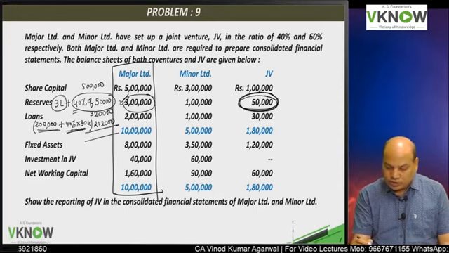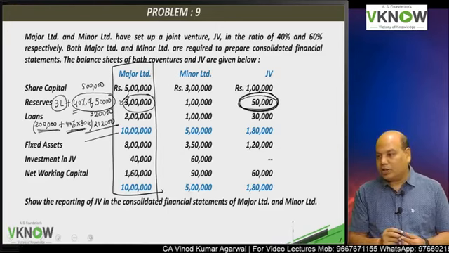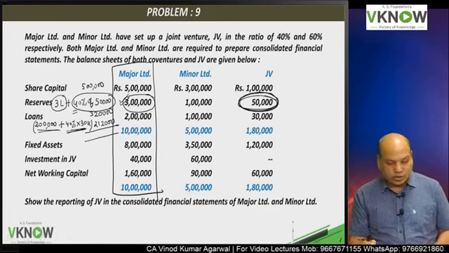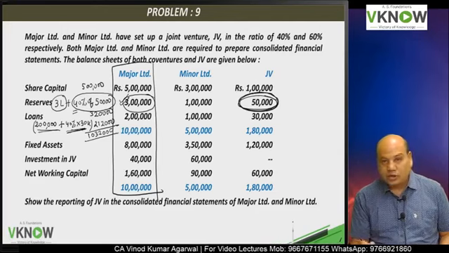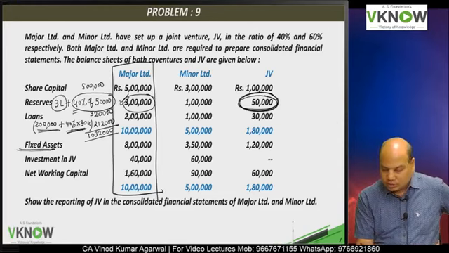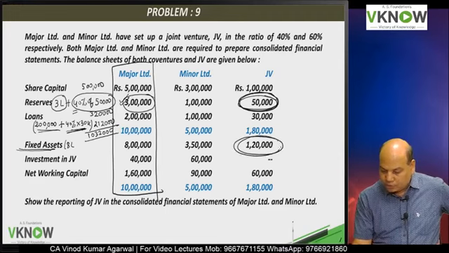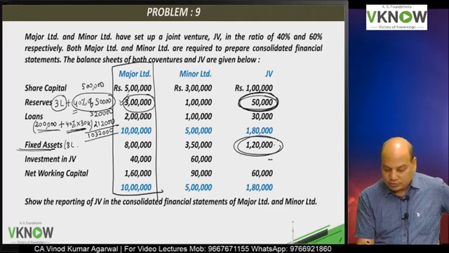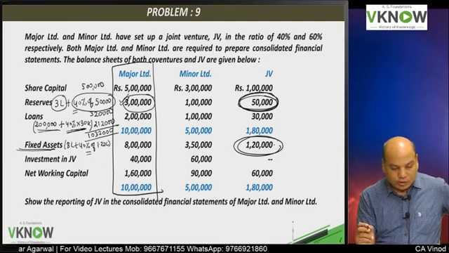And the total of the balance sheet will be, please take on calculator, 5 lakh plus 3,20,000 plus 2,12,000, that will be 10,32,000. What about fixed asset? 8 lakh, and you will take 40% of 1,20,000, so that will be 48,000.